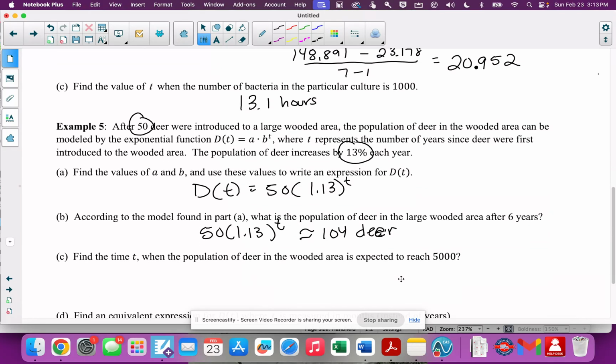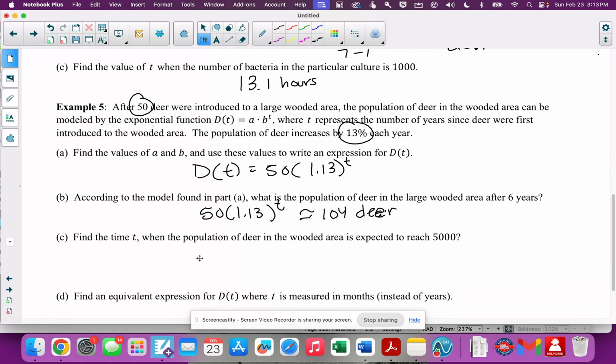Okay, same thing. We want it to be able to reach 5,000. So you're looking for an input where your output is 5,000. Again, I'll show you tomorrow how to actually do this algebraically. It's not all that bad.